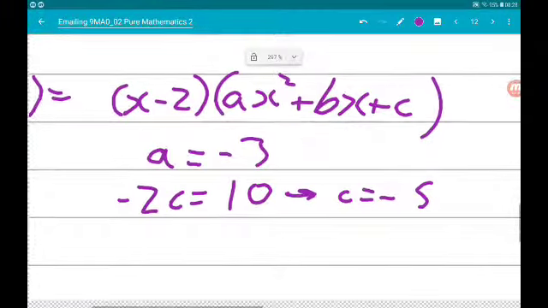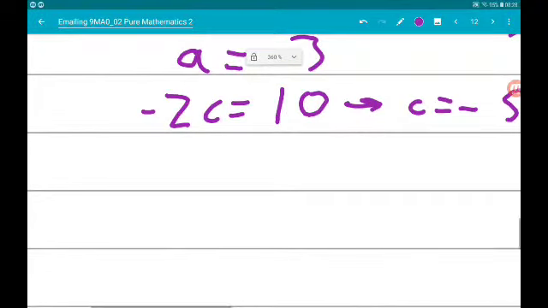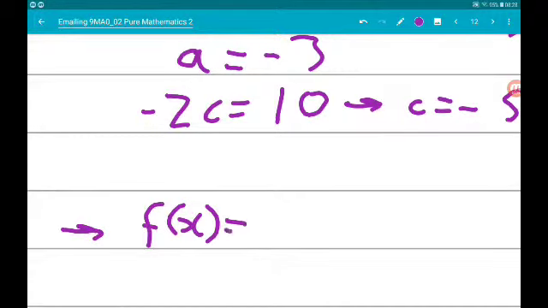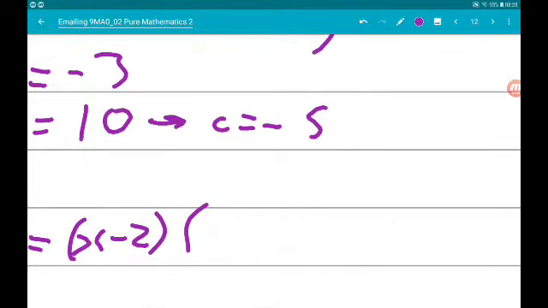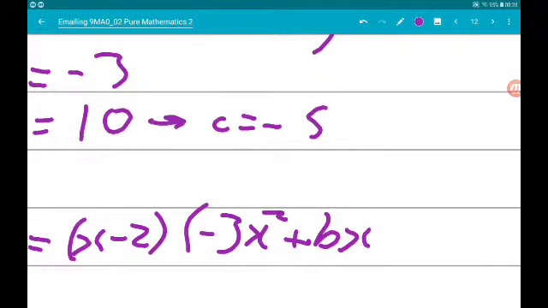So up to there, we can say that f of x is x minus 2 times minus 3x squared add bx minus 5. So now we just need to find b.